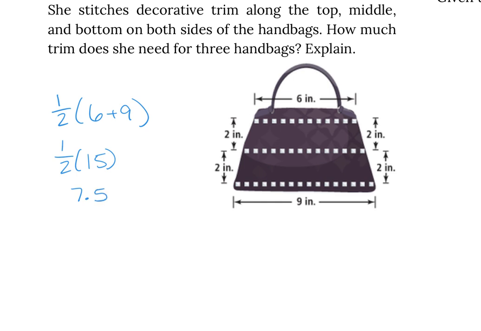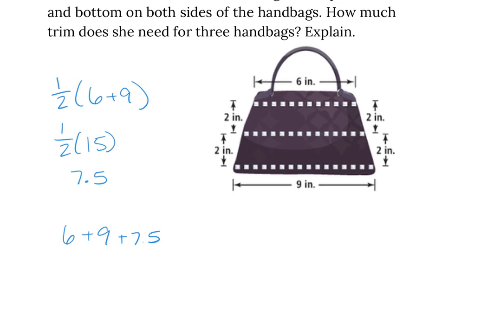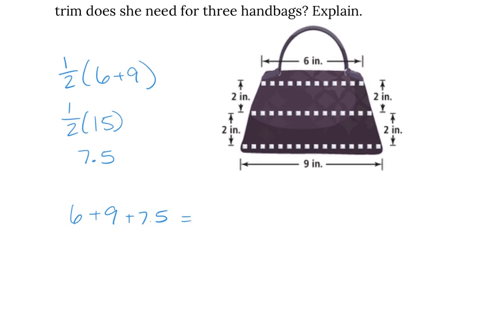7.5. But we don't want to know just that mid-segment measure. We want to know how much trim in total we need. So now I'm going to add my bases and that mid-segment together. So 6 plus 9 plus 7.5 gets me 22.5.